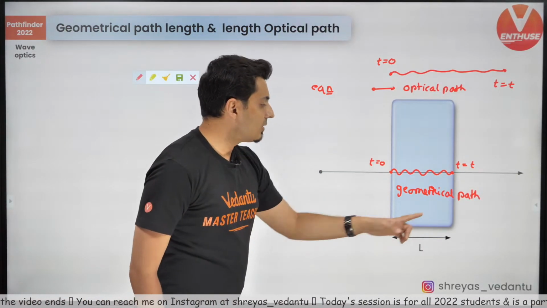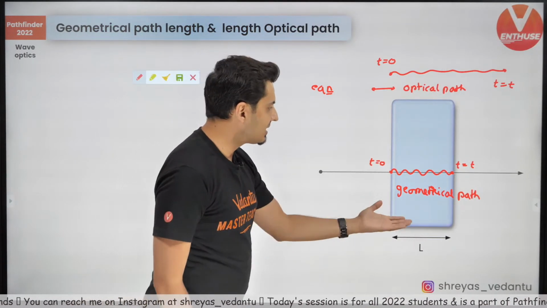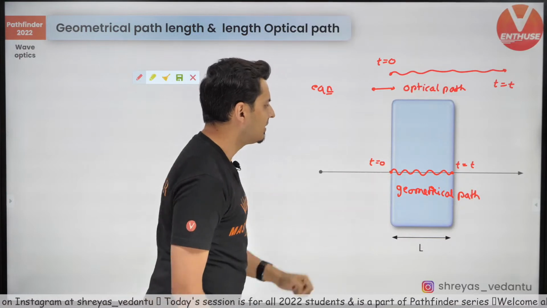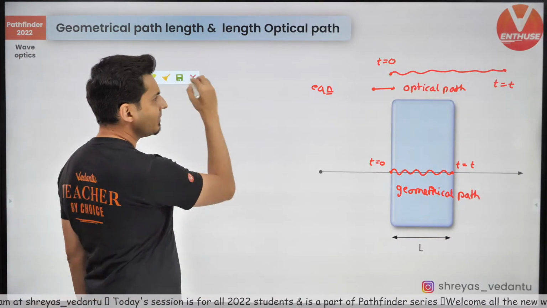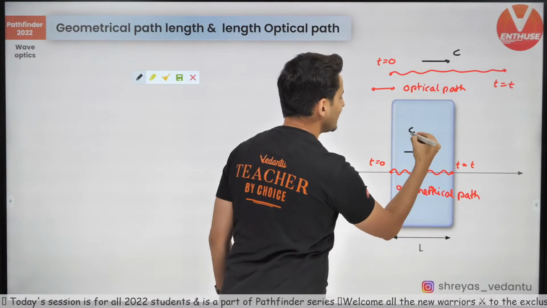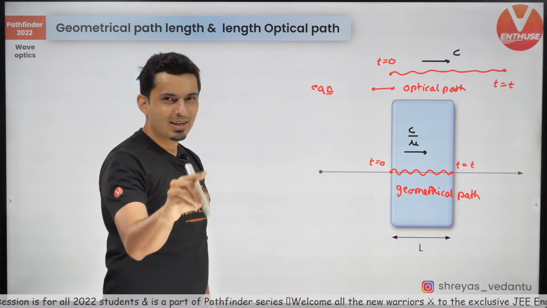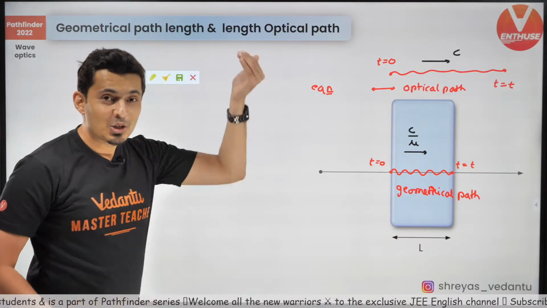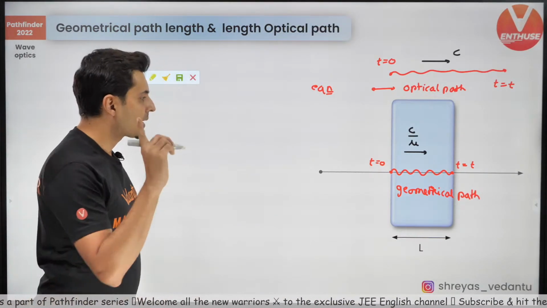So we can find this out very easily. Now, if the thickness of the slab is L, what do you need to do? First, figure out how much time it spends here. For that, I have a simple trick. Speed of light is c. Inside a medium, it will be c by mu, where mu is the refractive index. Why am I dividing? Because it's a denser medium, so it will reduce mu times.